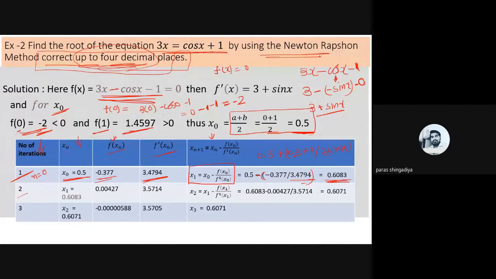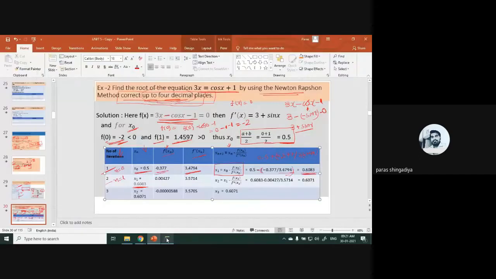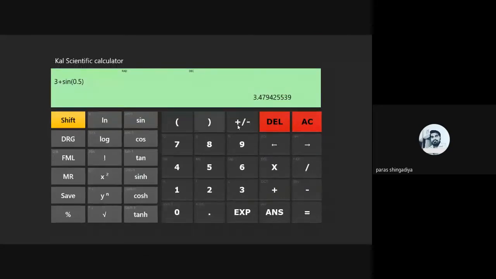Now in the second iteration we'll use x1. So x1 we have 0.6083. Consider the second iteration for n is equal to 1, so xn will become x1, and we have x1 is 0.6083. Now check the function output. The function we have is 3x minus cos x minus 1. So at 0.6083 the function output will be 0.00477. Let us check it.